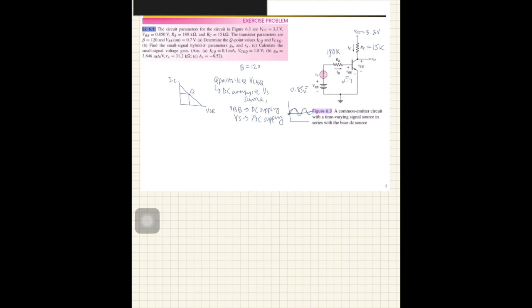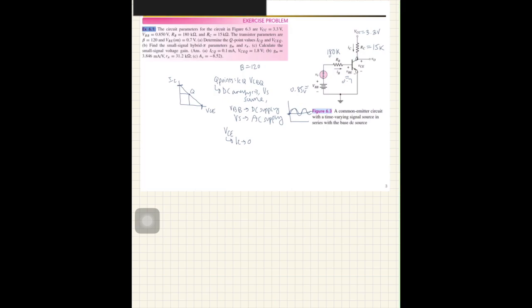So first we need to know what the max current and max voltage can be running through the transistor. The max VCE voltage occurs when IC is 0. So that means that it's an open circuit. So let's say it's open here and here, so what would VCE be?